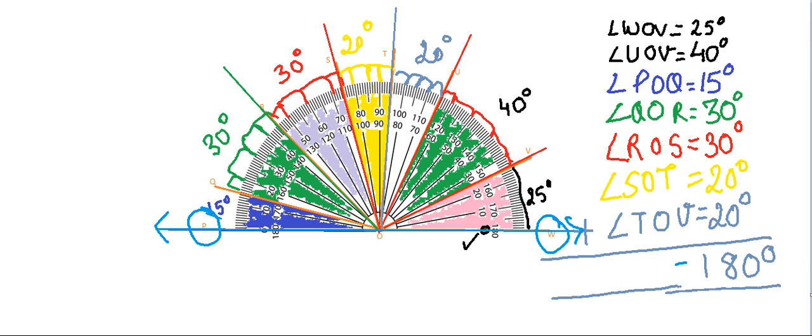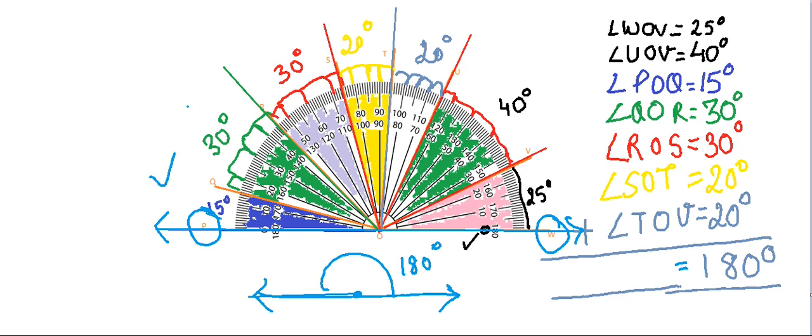PW is a line because of a straight angle, the two lines moving exactly in opposite directions. The measure of these lines is 180 degrees. So all the angles lying on a straight line sum up to 180 degrees, and it proves that PW is a straight line.